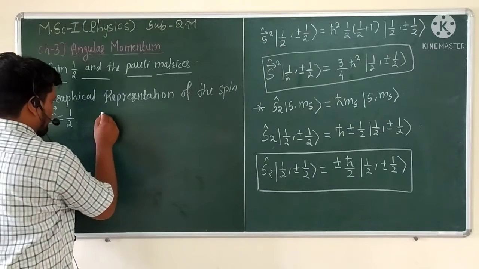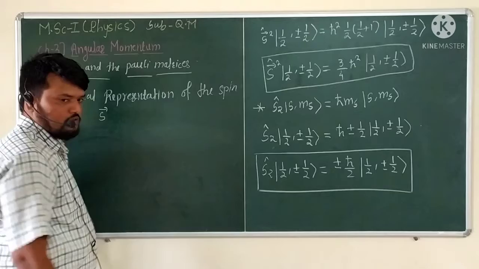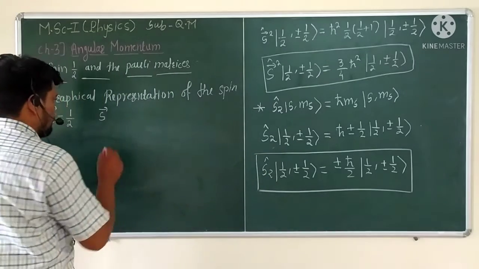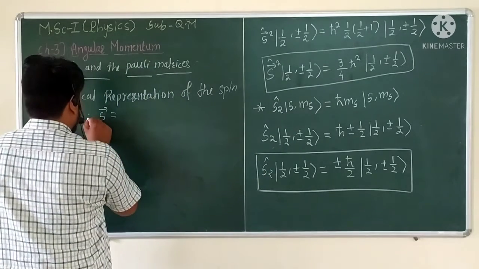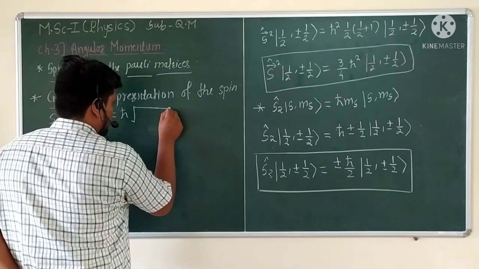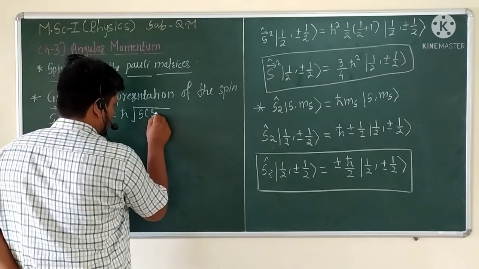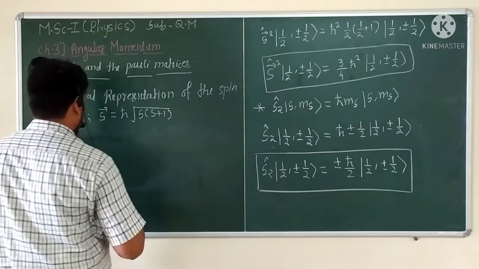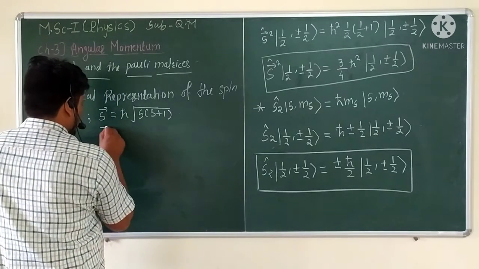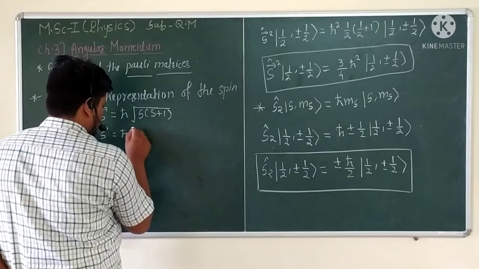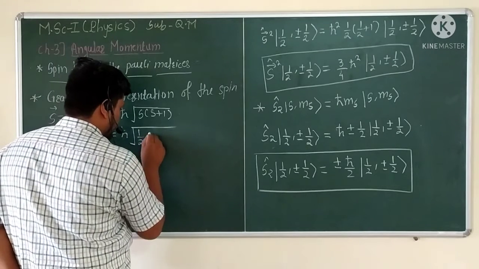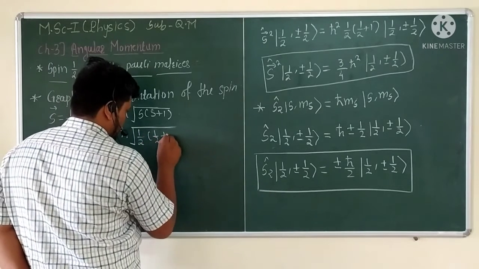And the formula of the spin magnitude S is given as S bar equals h cross under root of s into s plus 1. If we put in this value, S bar is h cross under root of half into half plus 1.